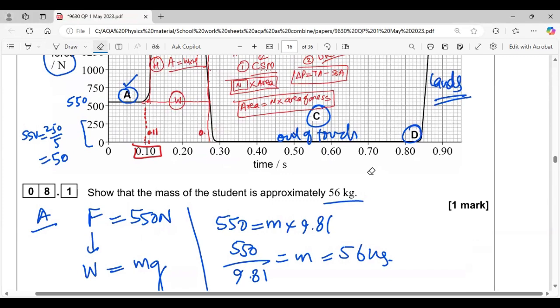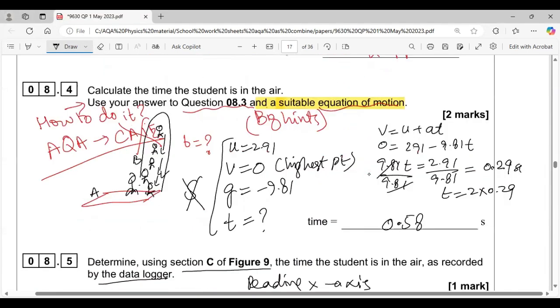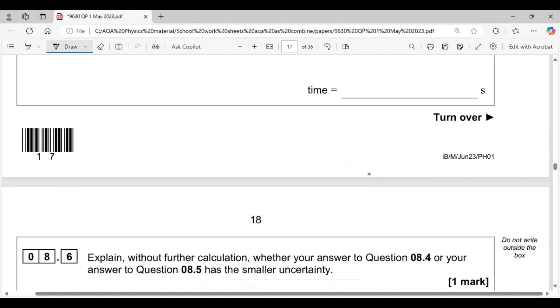So this was the point, and this D is the point. So you have to look right from here to this point. So this is like 0.84, and this is 0.29. So you just subtract 0.84 minus 0.29. So you get an answer of 0.55. Yeah, so that is the time, 0.55 seconds.